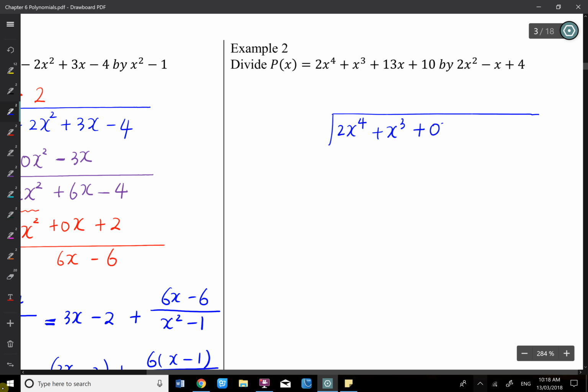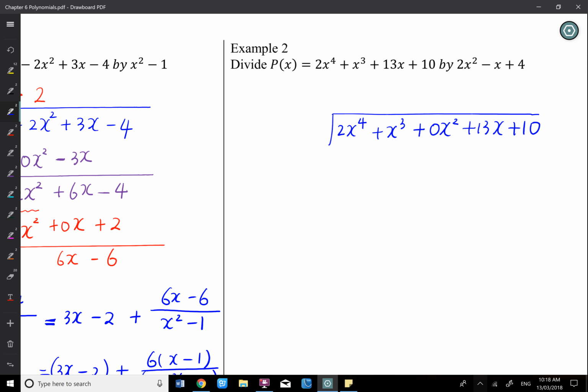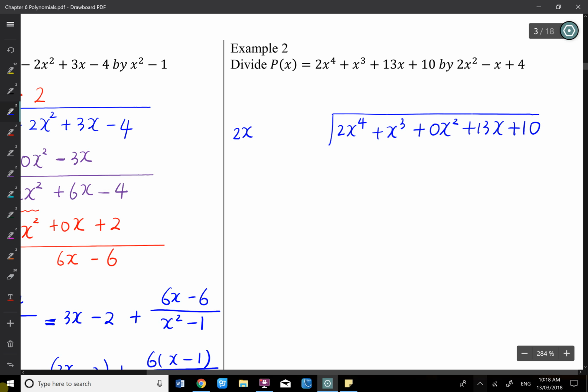We'll add 0x to the power of 2 here. And then 13x. And then plus 10. We need to keep the spot when we do long division because it's easier. Well, it's not really necessary that you must do that, but it's easier for the calculation. So I have 2x squared minus x and then plus 4.